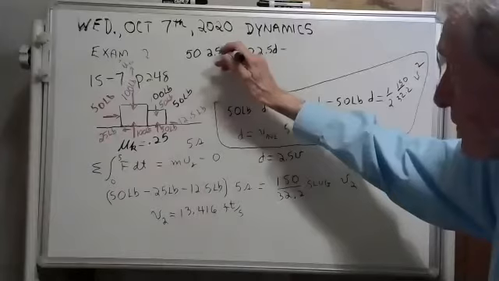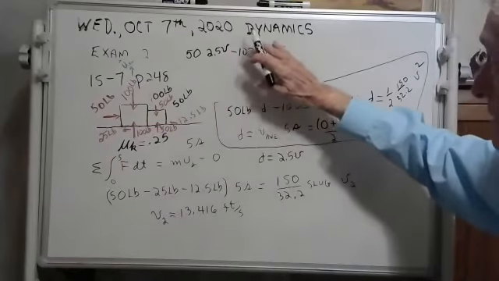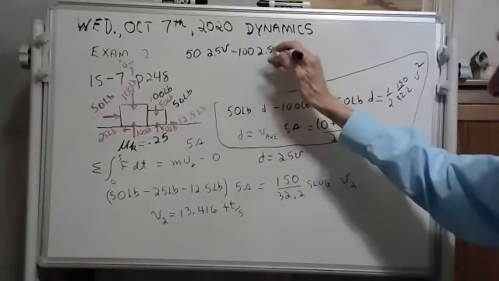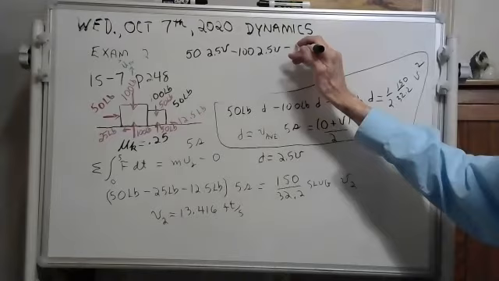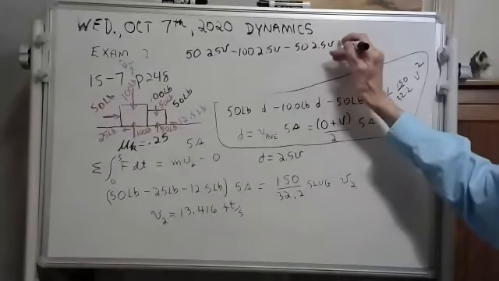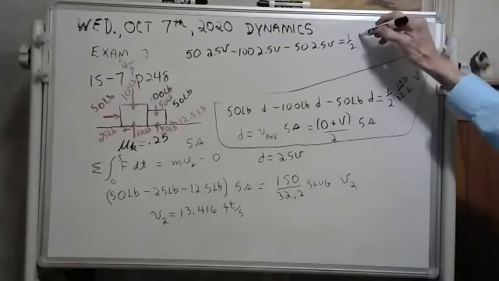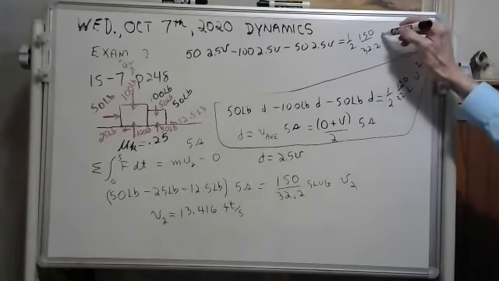Just about goofed up there. 2.5 v, and this is 100 times 2.5 v, and this is minus 50 times 2.5 v equals 1/2 150 over 32.2 v squared.